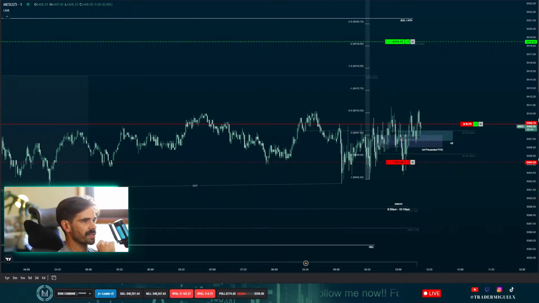Yeah, horrible price action here on ES, honestly. Kind of frustrated about this. But at this point, there's nothing we can do. I just have to embrace this price action here on ES, and yeah, it is what it is.